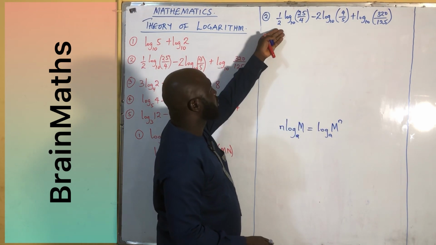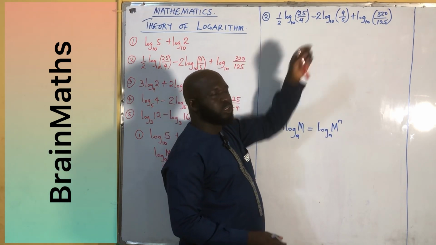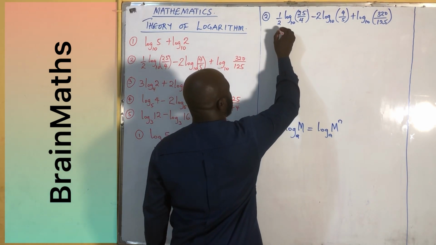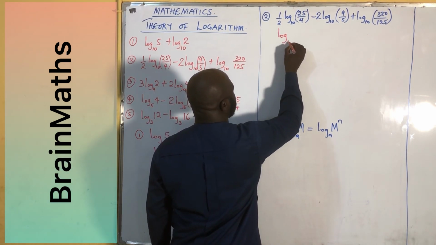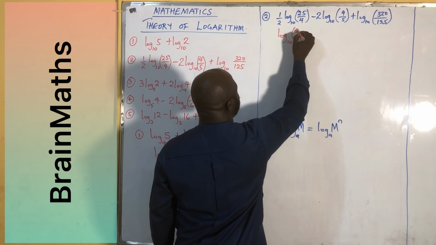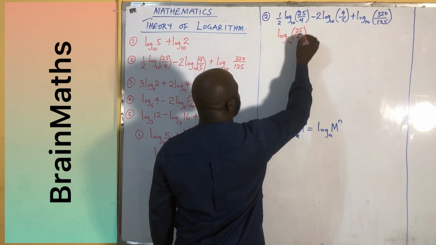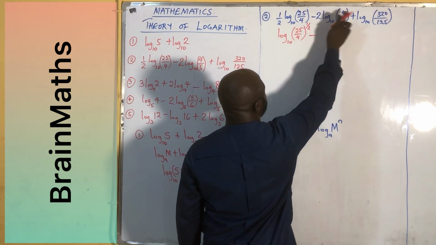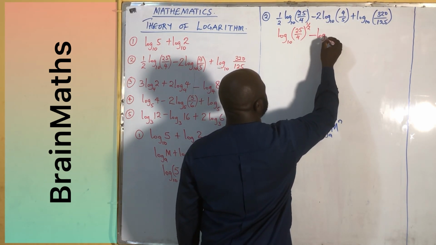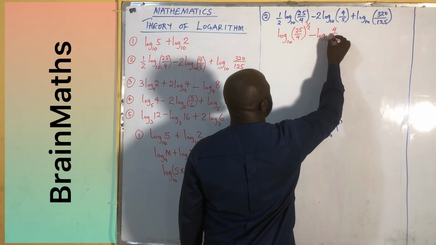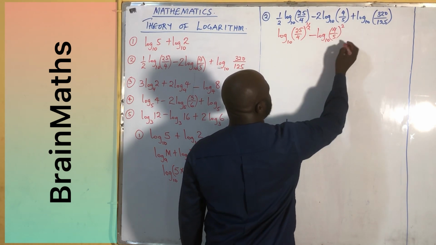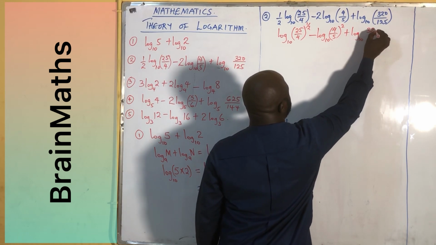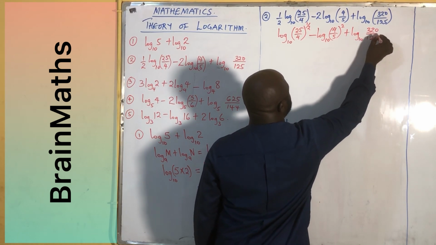So that is the same thing we are going to apply to these two. Taking account of those, we are going to have logarithm to base 10 of 25 over 4 raised to power half, minus these two will also go back to its original position, which is 4 over 5 raised to power 2, plus logarithm in base 10 of 320 over 125.